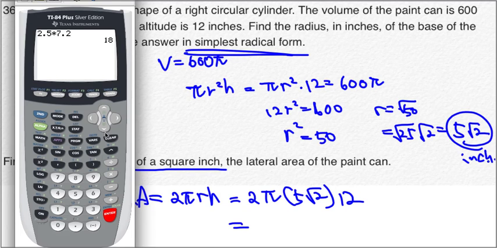Let's put that into our calculator. 2 times pi times 5 square root of 2 times 12.